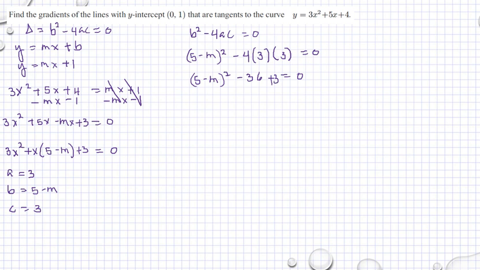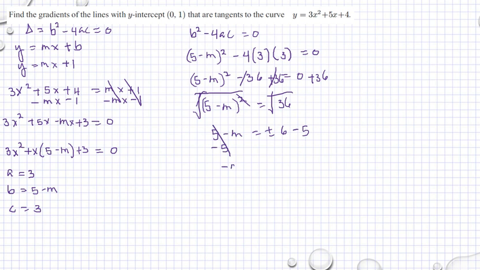And then we have (5 minus m) squared minus 36 is equal to 0. If we add 36 to both sides of the equation, this side is now 0. Then we have (5 minus m) squared is equal to 36. Taking the square root of both sides, we have 5 minus m is equal to plus or minus 6. Subtracting 5 from both sides, we have negative m is equal to negative 5 plus or minus 6.